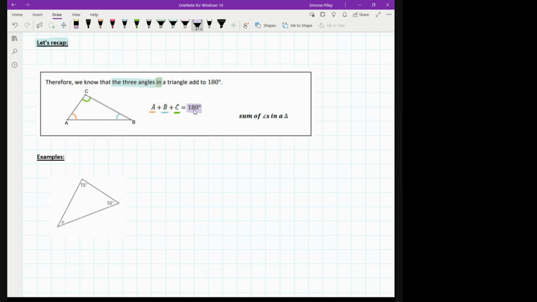If your angles don't add up to 180 degrees, you know you've done something wrong. Now, when you use this rule to calculate the missing side or the missing angle in a triangle, your reason for your statement must always be this: sum of angles in a triangle.